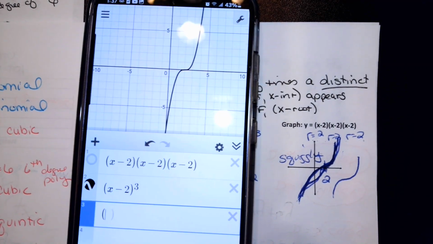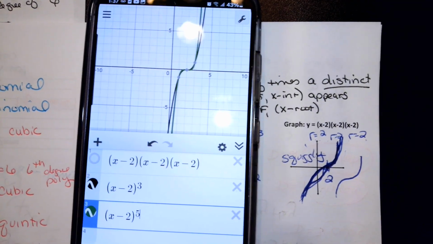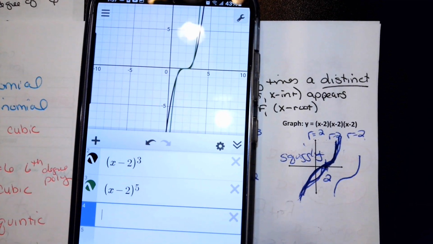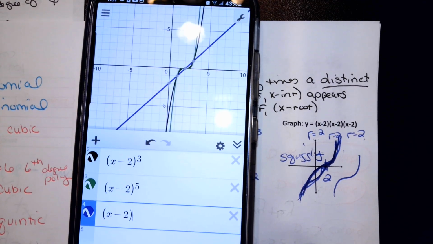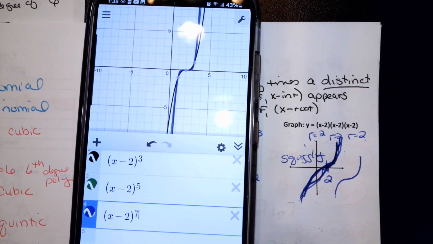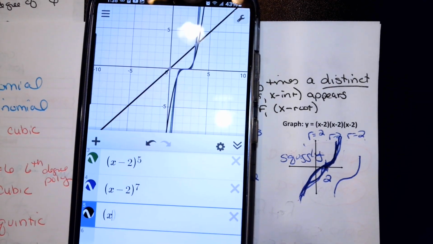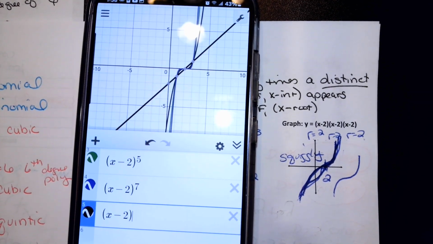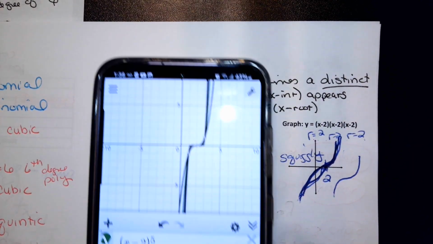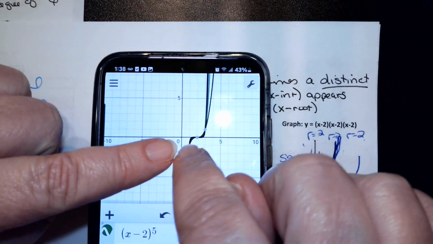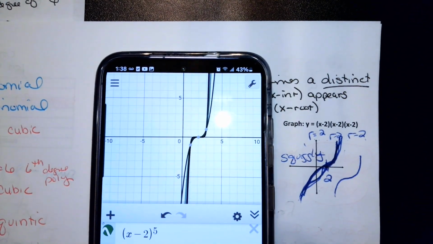So if I do x minus 2 raised to the 5th, it's still the squiggly. x minus 2 raised to the 7th, it's still a squiggly. x minus 2 raised to the 9th, it's still a squiggly. But just like with the parabola, the higher the degree, the flatter it gets right there at the point of inflection.